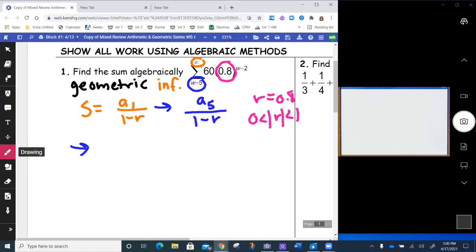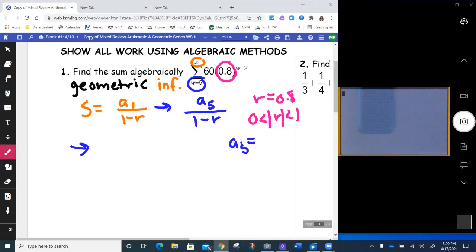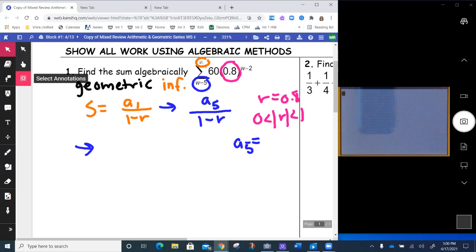So to find A sub 5, let me just do this over here. To find A sub 5, I put 5 into the equation.